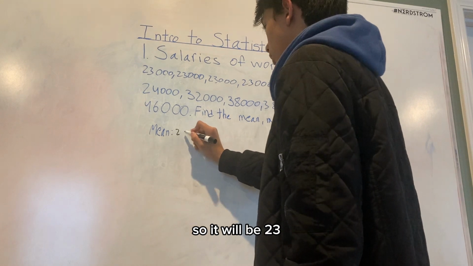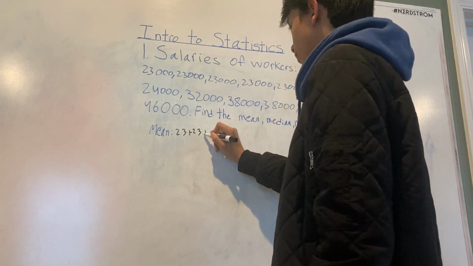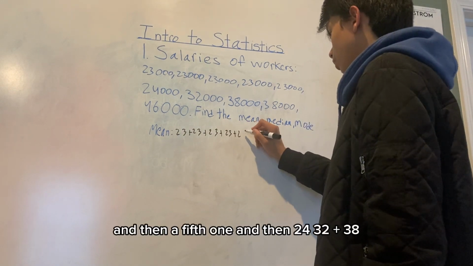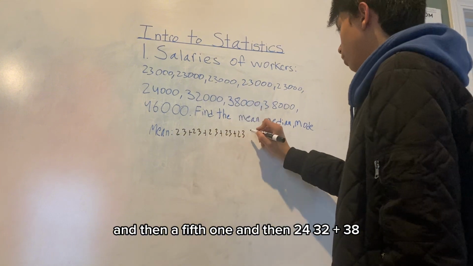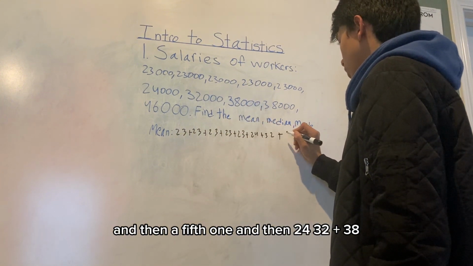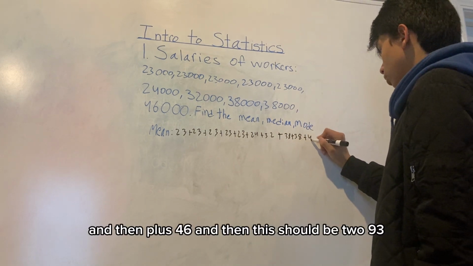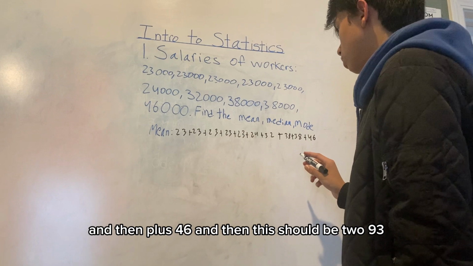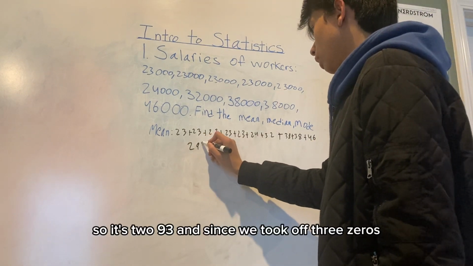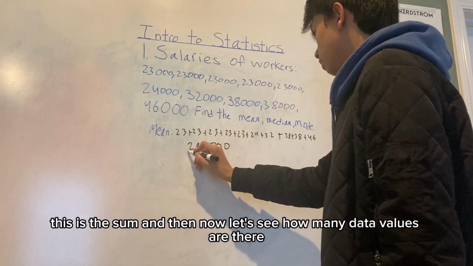So it will be 23 plus 23, and then a 5th one, and then 24, 32 plus 38, and then plus 46, and this should be 293. Since we took off 3 zeros, let's add them back in. This is the sum.